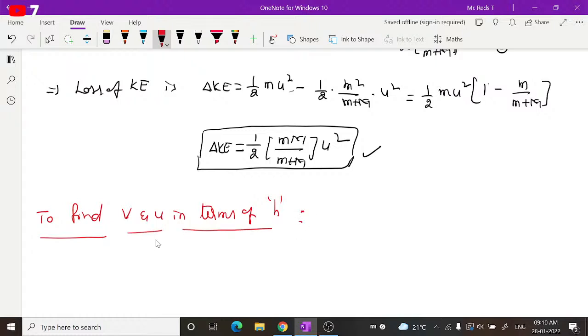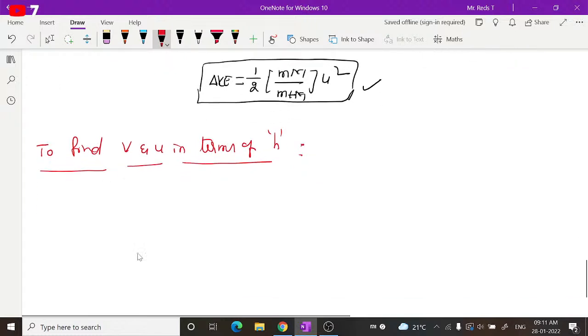By this time you should have a clear idea of what v and u mean. u is the initial velocity given to the bullet and v is the common velocity after collision. That's it.